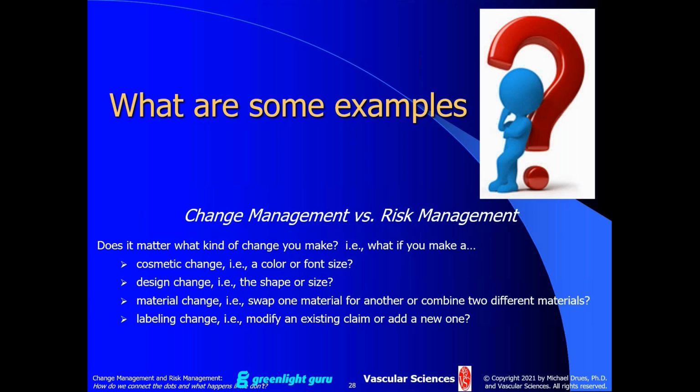So what is the potential impact on risk of changing the labeling here? And don't even get me started on off-label use and the potential changes associated with a change in the off-label labeling of your device. And some of you are probably thinking, well, what does off-label labeling mean? Well, that's a topic of a different discussion. You might want to check out some of the information I put out there on labeling and off-label use for a better understanding of that.